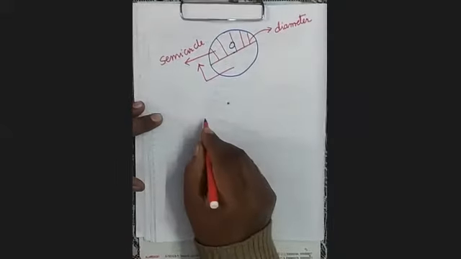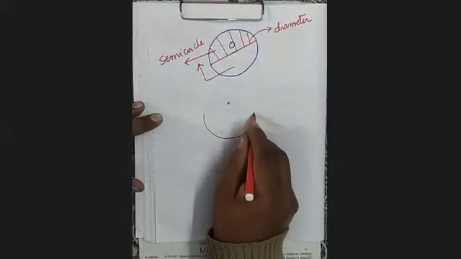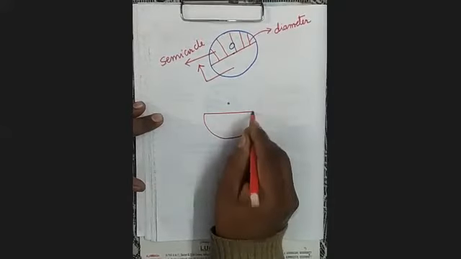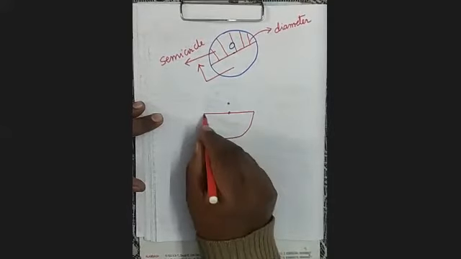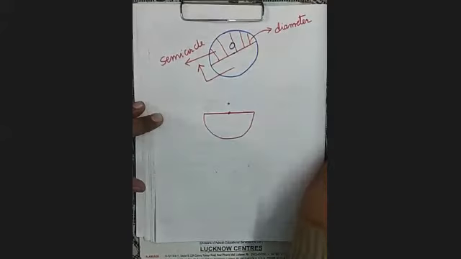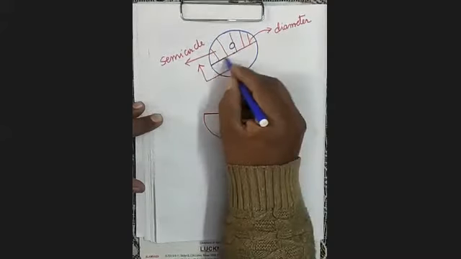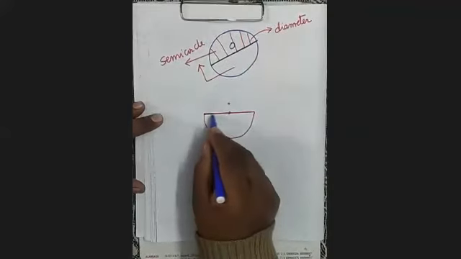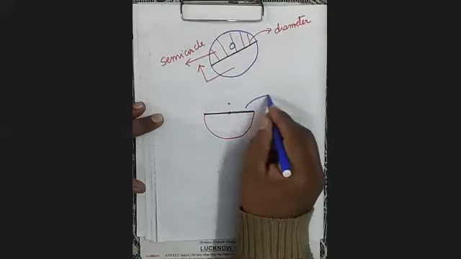So if you make the semicircle here, you can see. So in the semicircle, what will you say? This is, as you have seen, the diameter. So here it is the diameter.